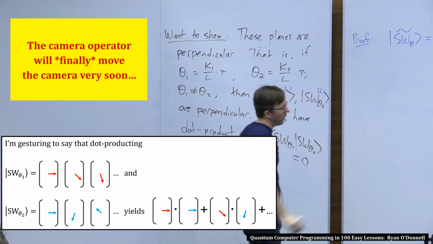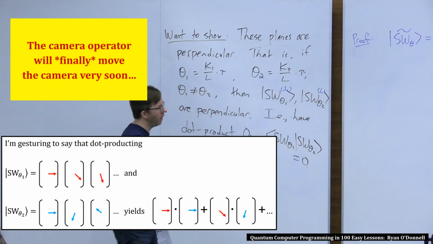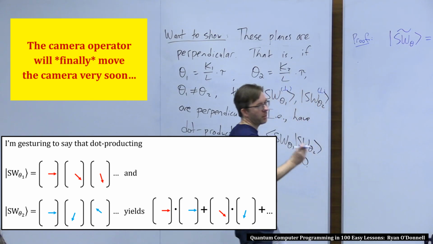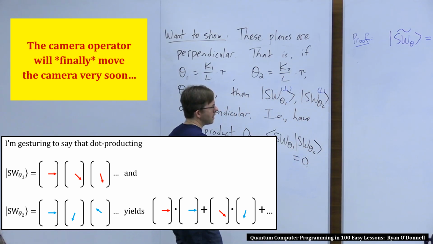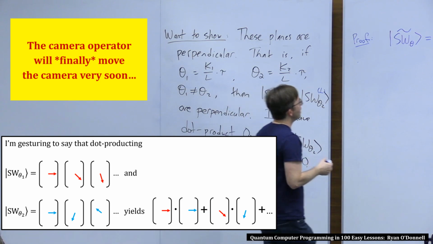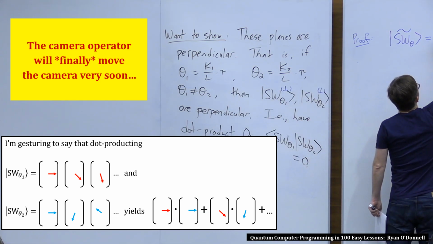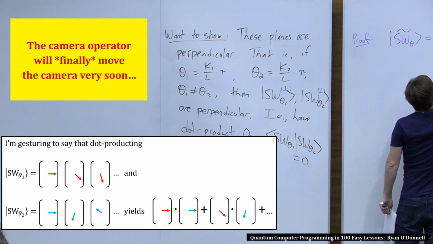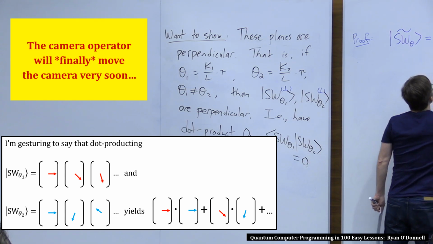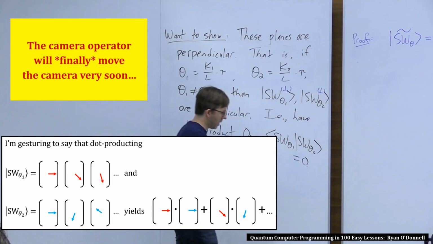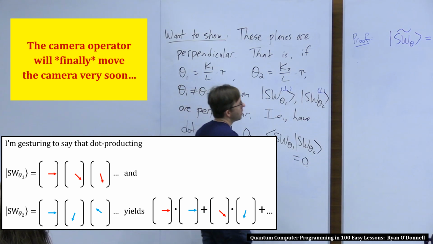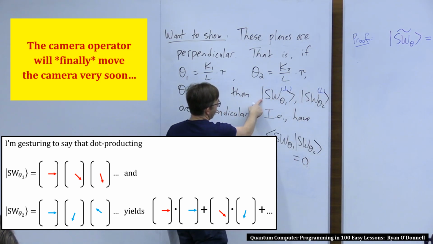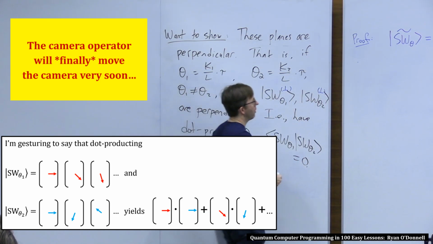Okay, so these are actually unnormalized states, and we computed last time that their squared length is L. The dot product of the steering wheel state with itself is L, which means its length is square root L, which means that if you wanted a unit length version, you'd have to multiply by square root of 1 over L. Okay, so we might just take the dot product of the unit length vectors of these things and check that that's 0. It's the same thing.